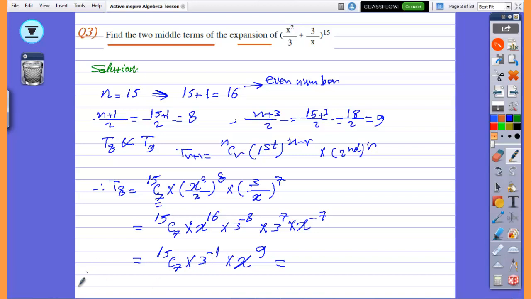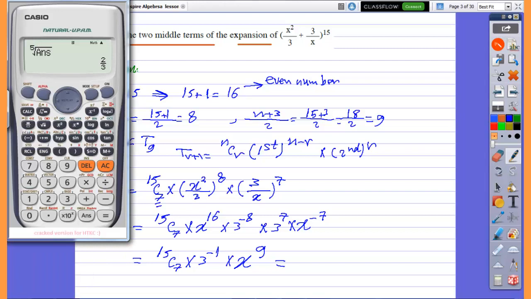We can use a calculator to calculate it: 15C7 multiply 3 power negative 1, which equals 2145.